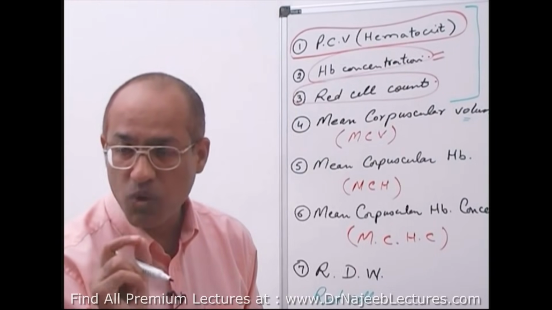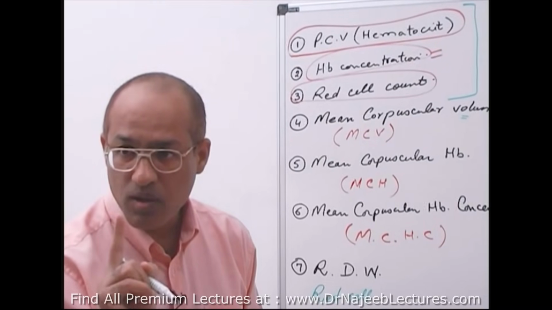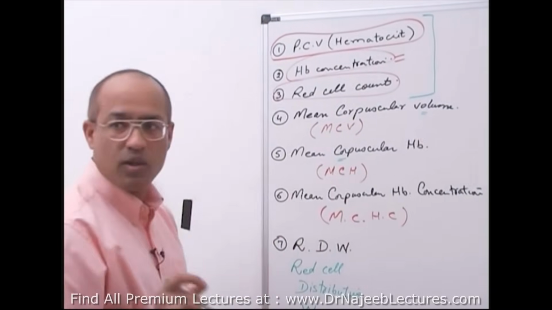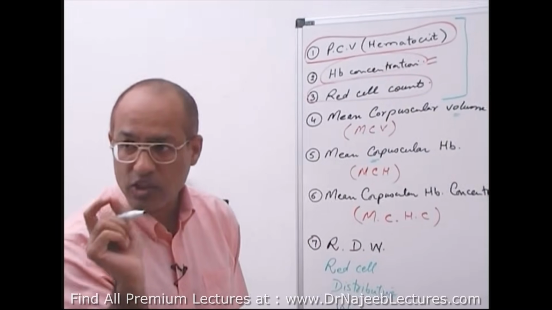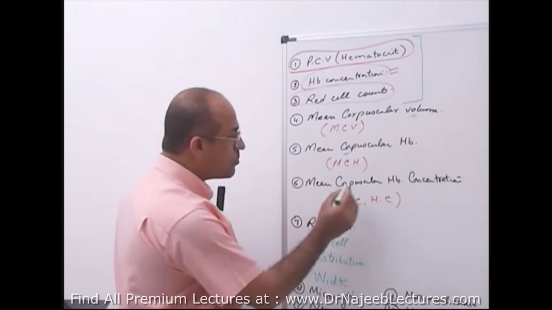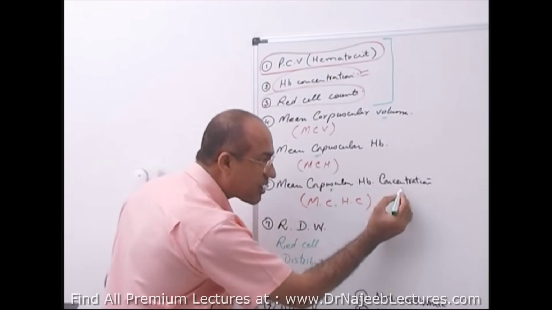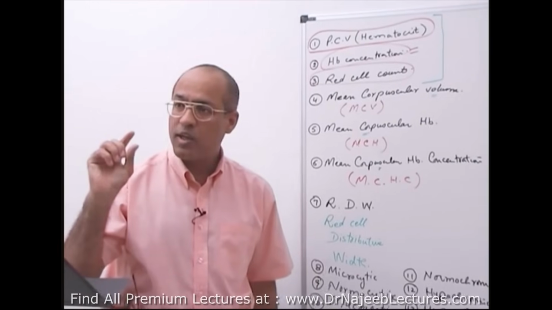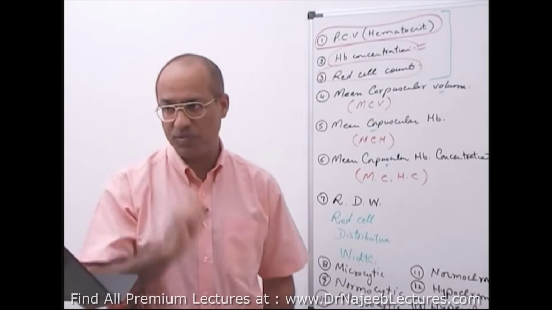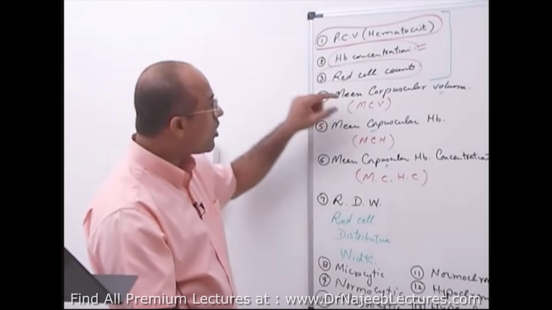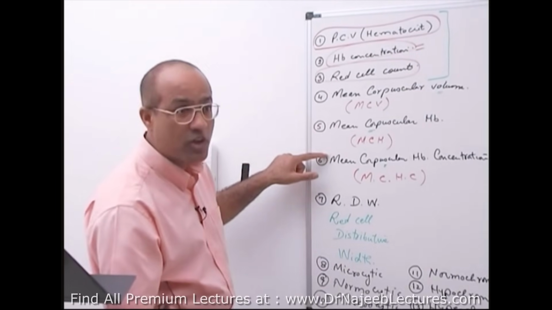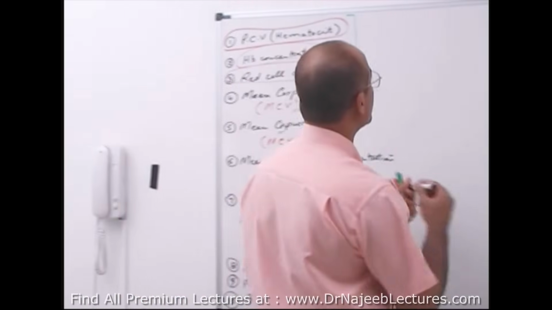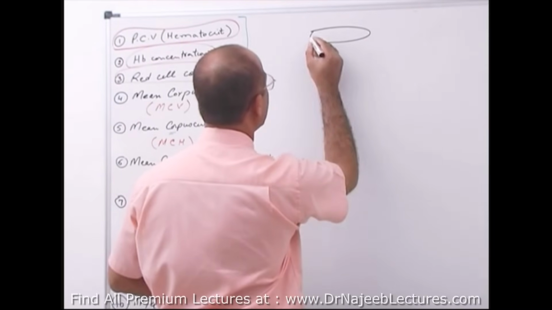The mean volume of one red blood cell. Then mean corpuscular hemoglobin. What is the amount of hemoglobin in each RBC? And then mean corpuscular hemoglobin concentration. What is the concentration of hemoglobin in a given RBC? I will explain these things. But all these are derived concepts from the first three. I will explain how. We go to the first initial readings and then we'll move forward.